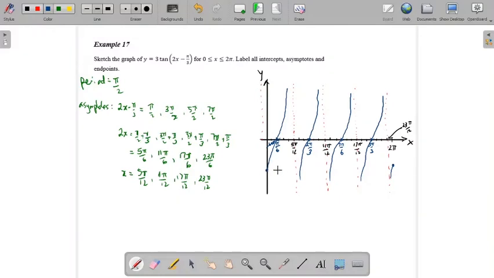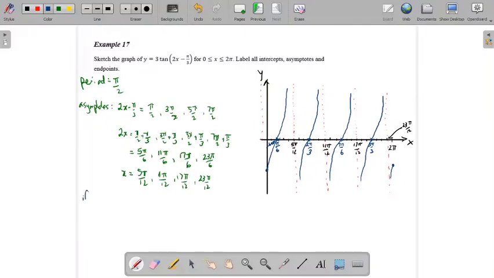Okay, so what we need to do, because we need to label our endpoints as well, work out what these endpoints are. So this point here and this point here will have the same y value. Okay, let's work out what that is then. Here's when x equals 0, which will be nice and convenient.